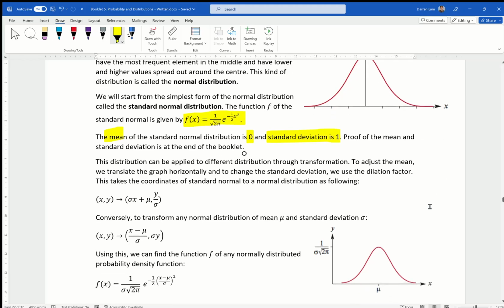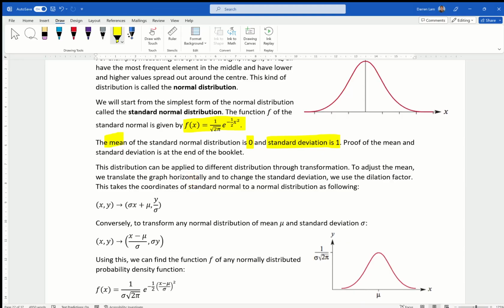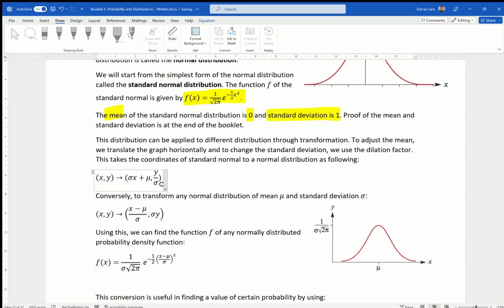I'd like you to highlight this section here. There we go, let's try that again. So, standard normal to a normal distribution, we use this rule here.